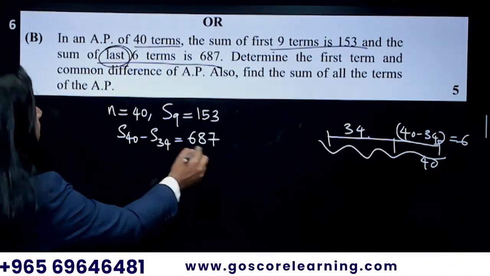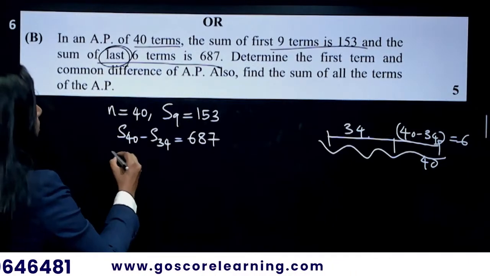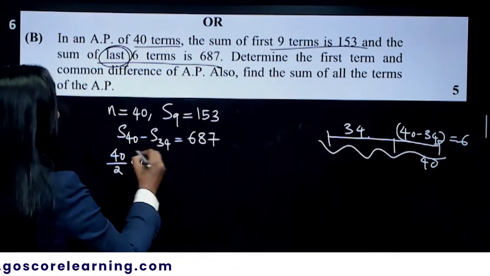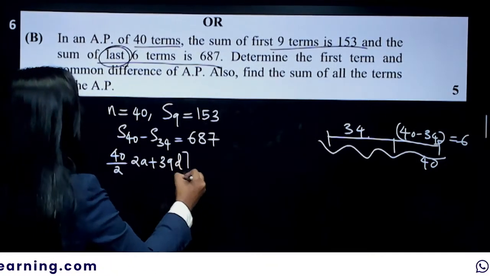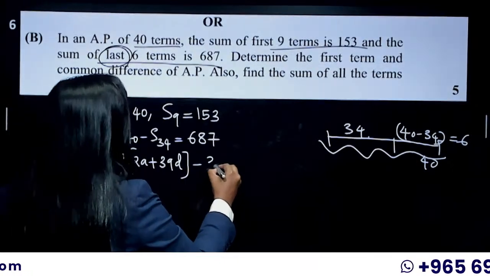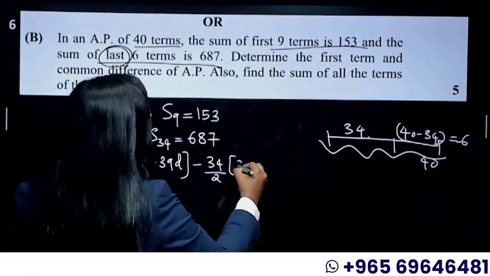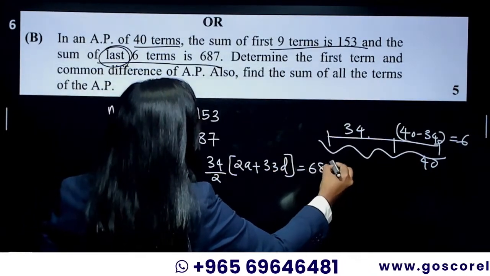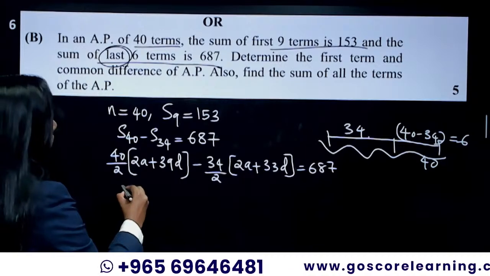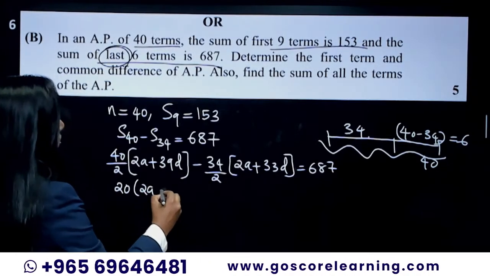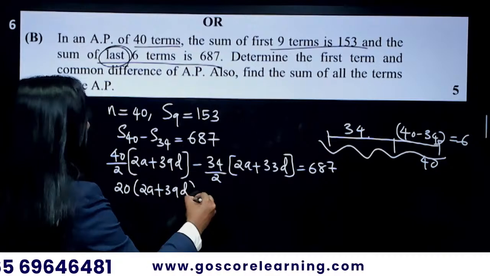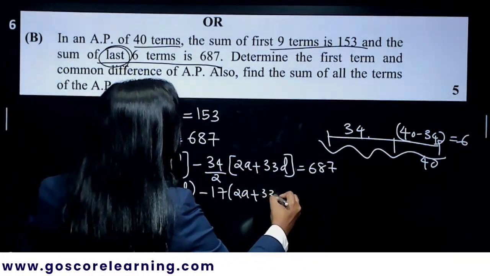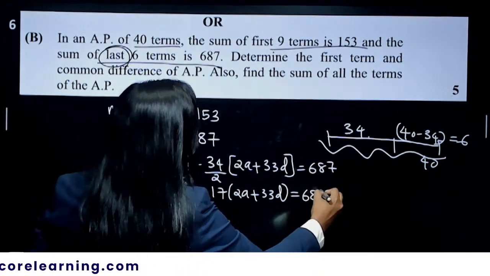So S40 minus S34 is 687. So how will you write S40? It is 40 by 2 into 2A plus 40 minus 1, that is 39 into D, minus 34 by 2 into 2A plus 33D is equal to 687, right? 40 by 2 is 20. 20 into 2A plus 39D minus 17 into 2A plus 33D is equal to 687.